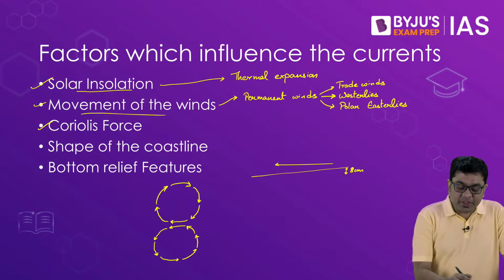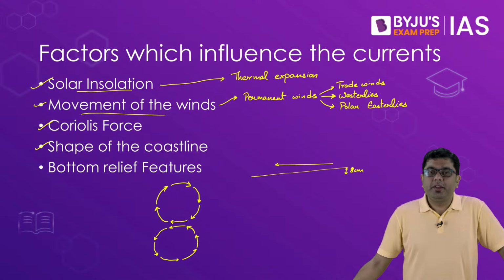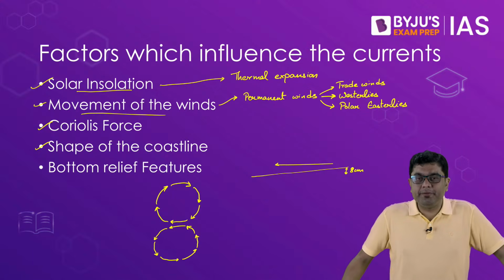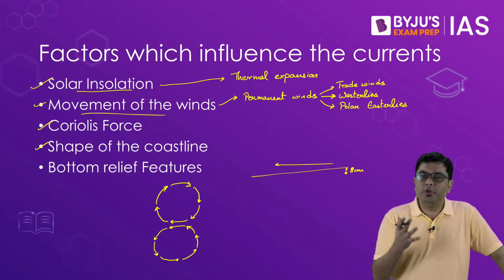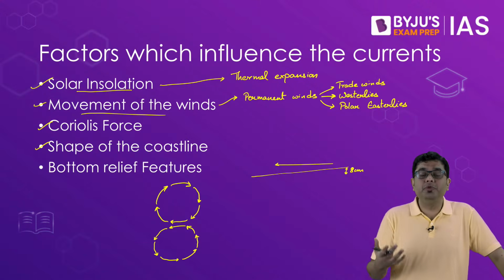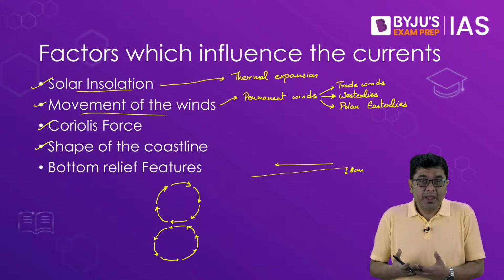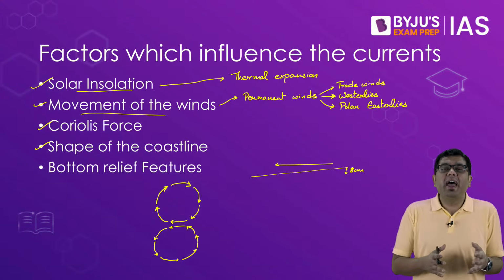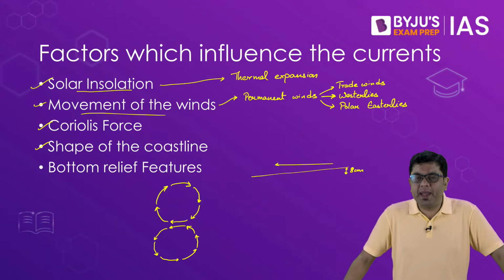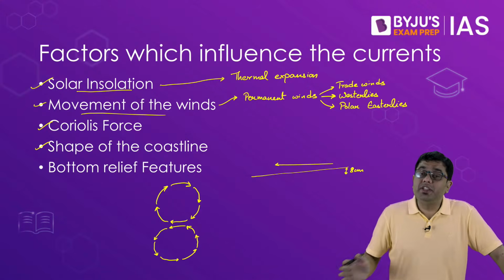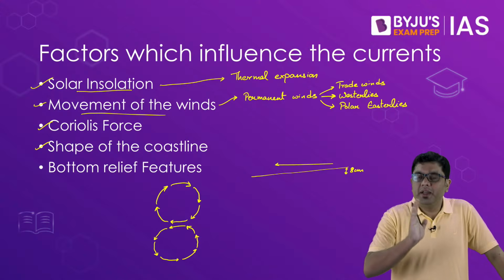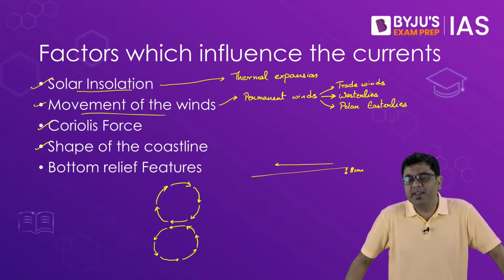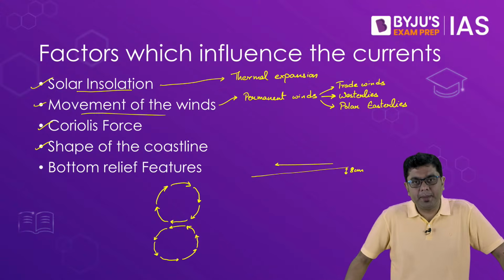Then we have the shape of the coastline. The shape of the coastline again influences the direction in which the water is going to move, the direction that the water's movement is going to take it to. For example, if you take a look at the eastern coast of North America, the water generally shapes along the coastline, and that is why the direction that the Gulf Stream takes is quite apparent.